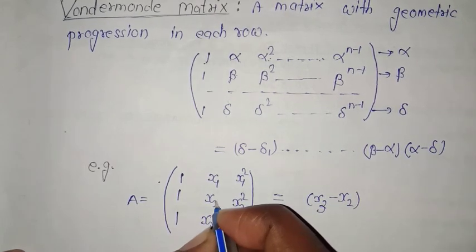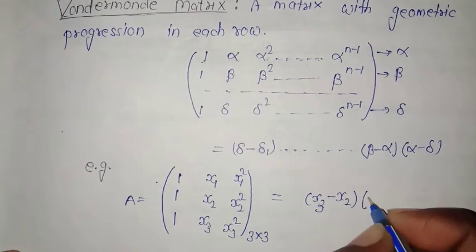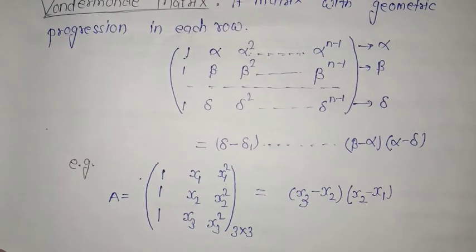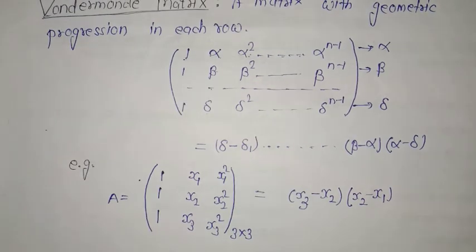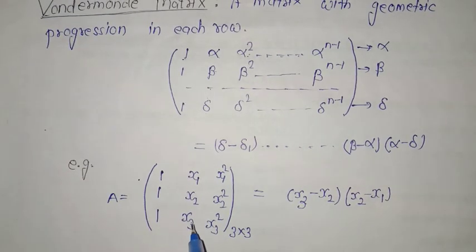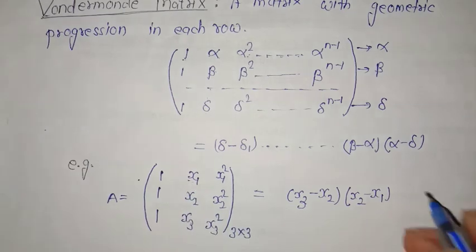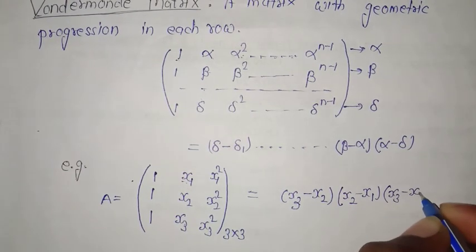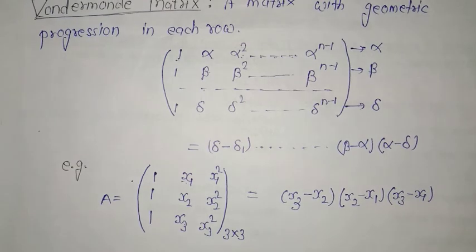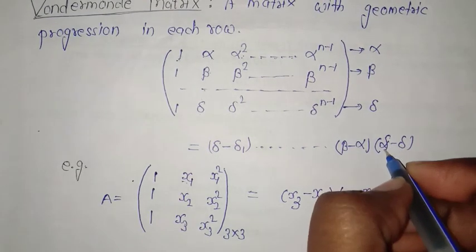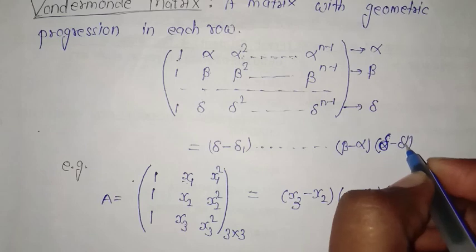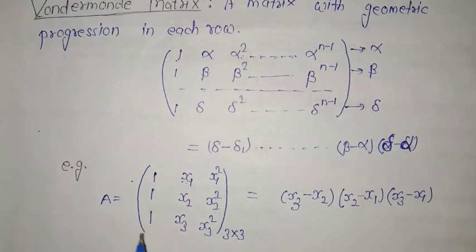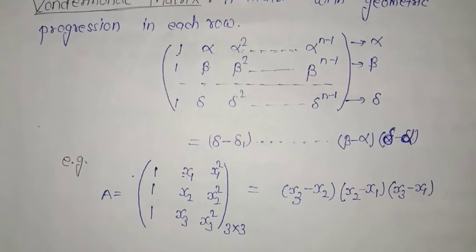And then this one minus this one, x2 minus x1. At the last, we take the last entry minus the first entry, that is x3 minus x1. So here it will also be delta minus alpha. So that's the way by which we can calculate the determinant of such types of matrices.